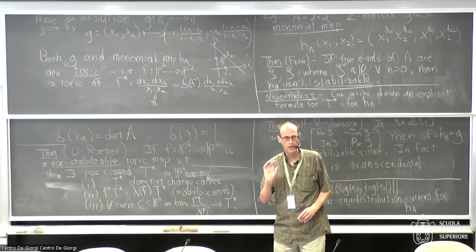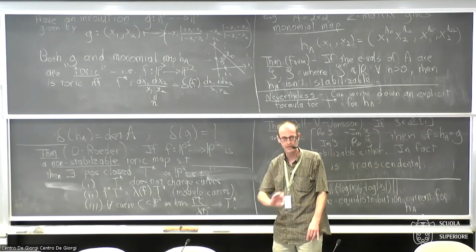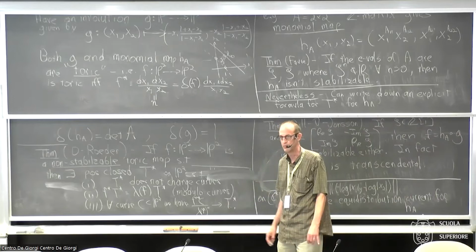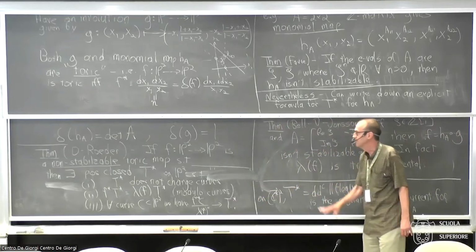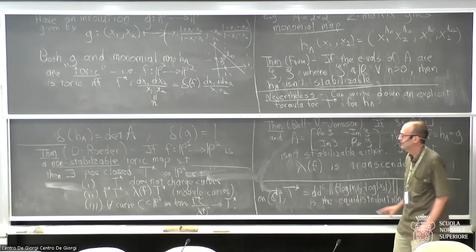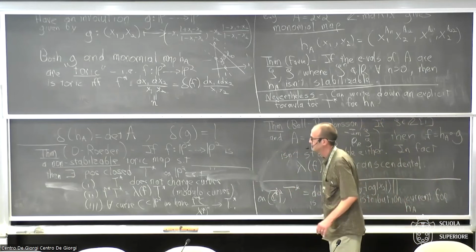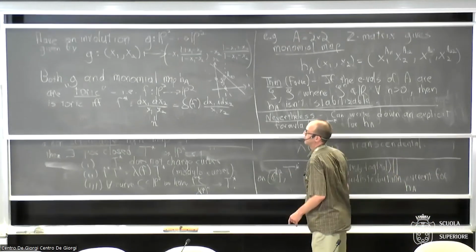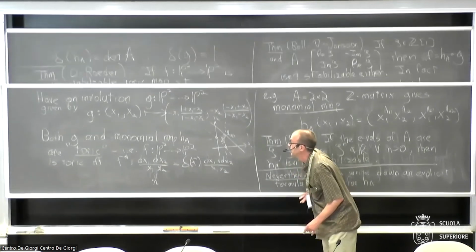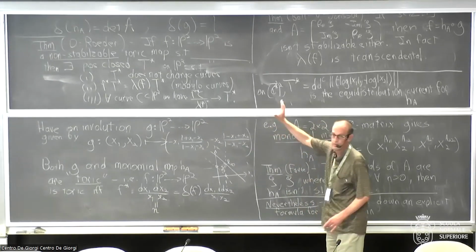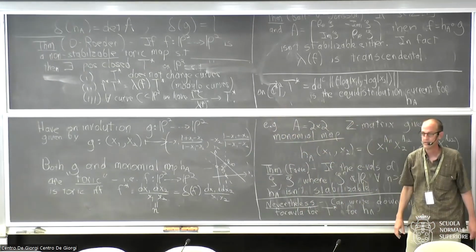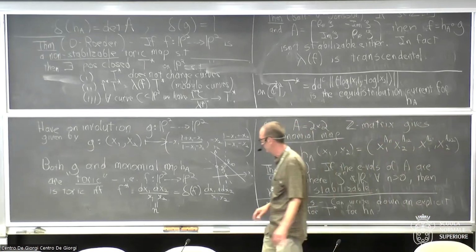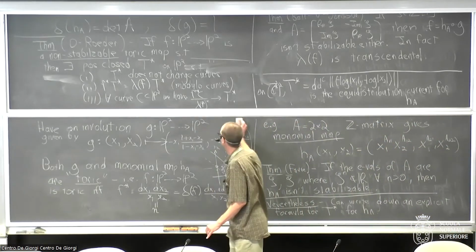Let me write down some cryptic lines in lieu of a proof. I'm at least as excited about the technical aspects as I am about the statement of the theorem. But I'll reiterate, these are basically all the non-stabilizable maps in dimension 2 that we know of.